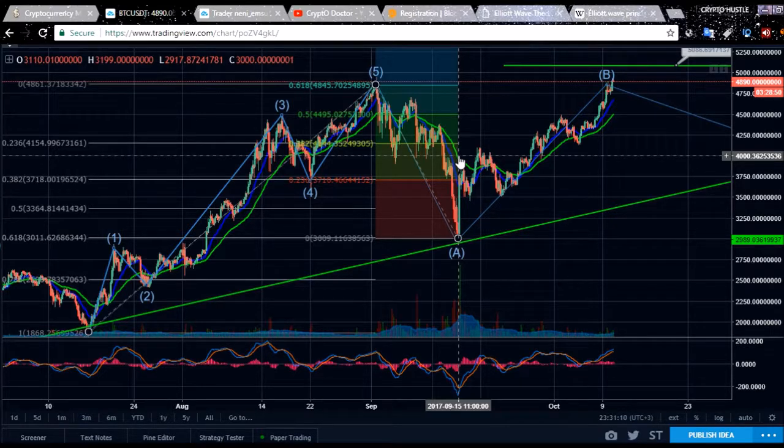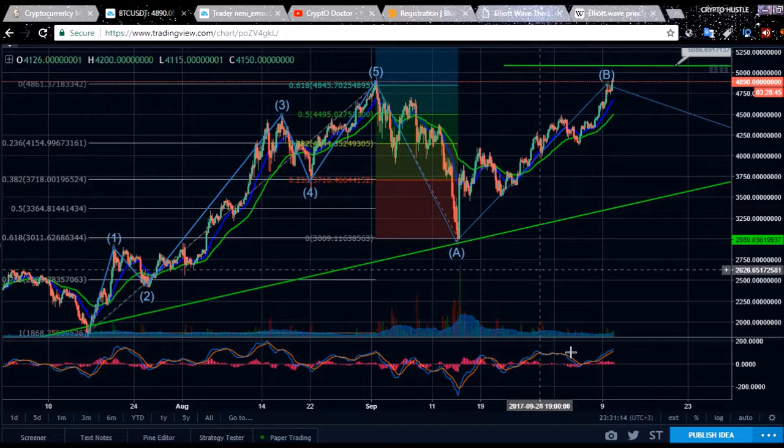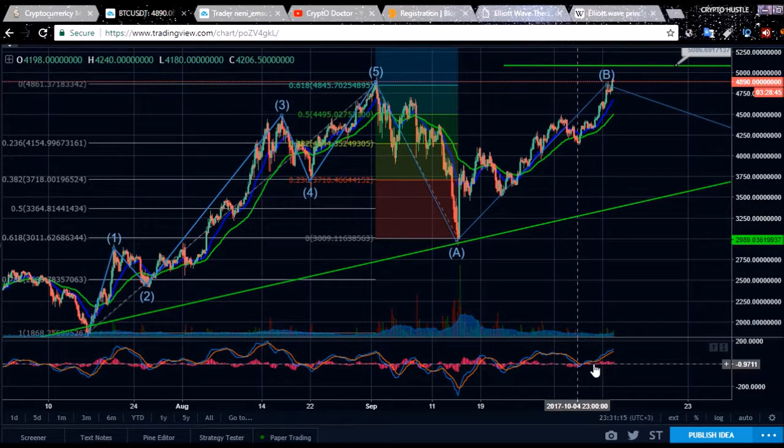Now, coming back to the charts, we can see the MACD. We had this MACD cross, but the separation between the two moving averages is not much, which seems like the markets are still tightly close together.